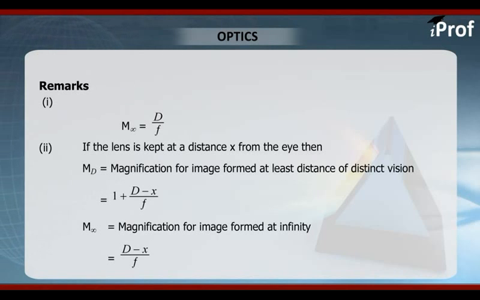Second, if the lens is kept at a distance x from the eye, then M_D, that is magnification for image formed at least distance of distinct vision, will be equal to 1 plus (D minus x) divided by f. Similarly, the magnification for image formed at infinity will be (D minus x) divided by f.